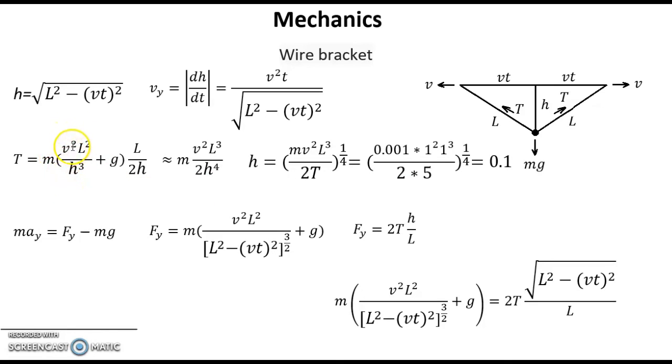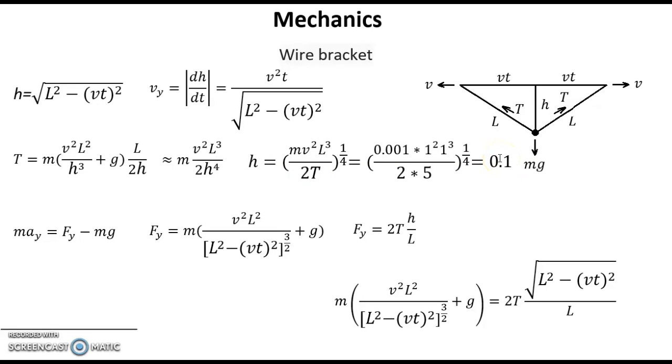Here we have v square, that's 1, L square, that's 1, and h cube, that will be 1 over 1000, which gives us 1000 for this member and 10 for this member. And of course we can neglect this g, and that will be a very precise answer.